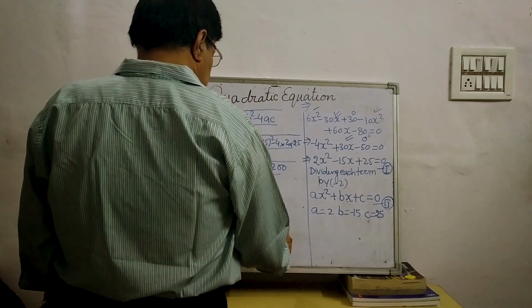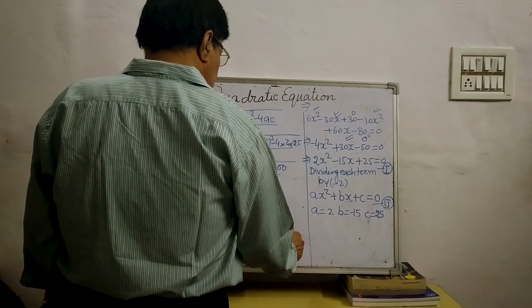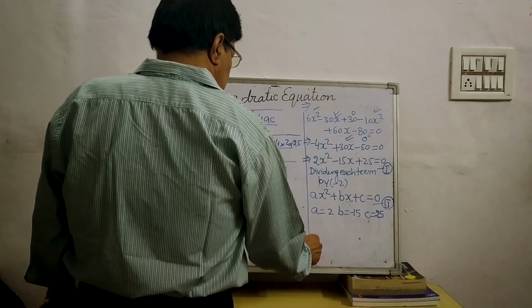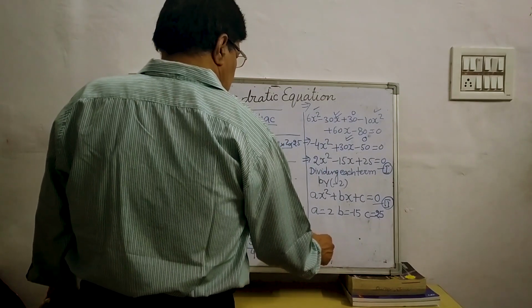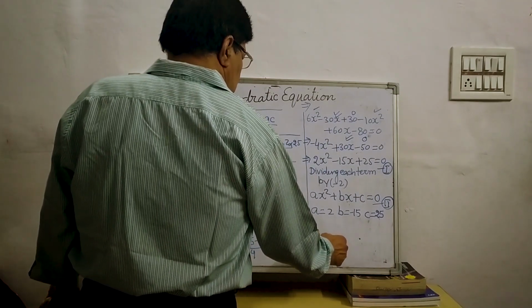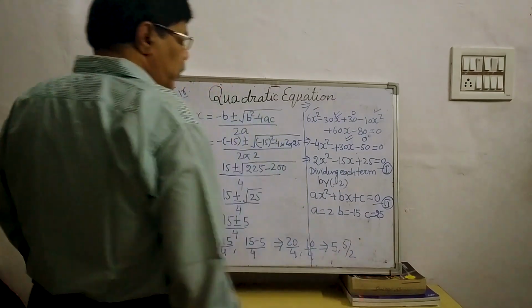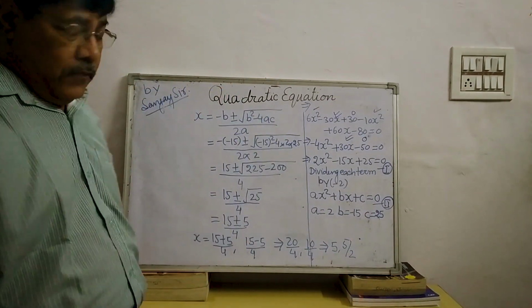So what will come? 20 upon 4, then 10 upon 4. So these are the two values of x.